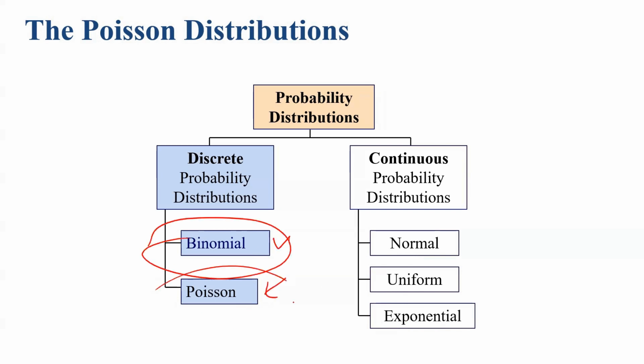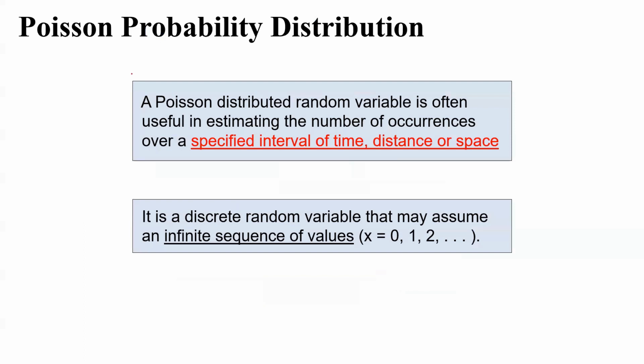So now we're going to look at this. We already did this, now we look at this. The Poisson probability distribution can be defined as a Poisson distribution random variable, often useful for estimating the number of occurrences over a specified interval of time, distance, or space. So this is very important.